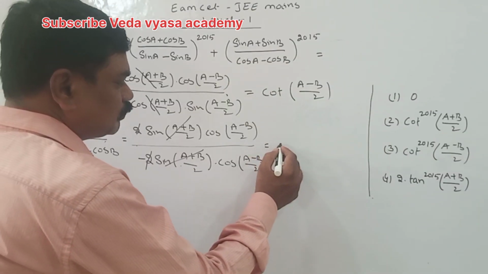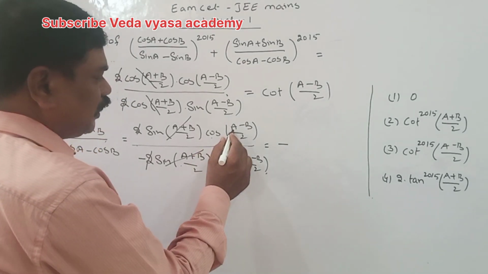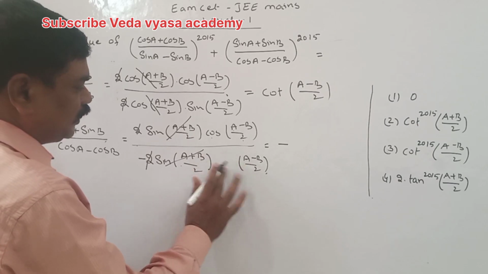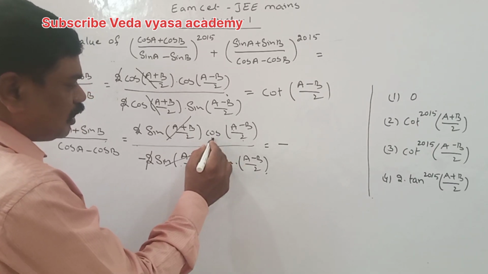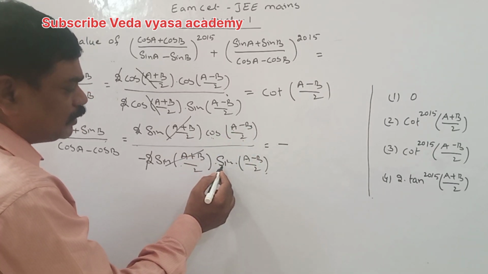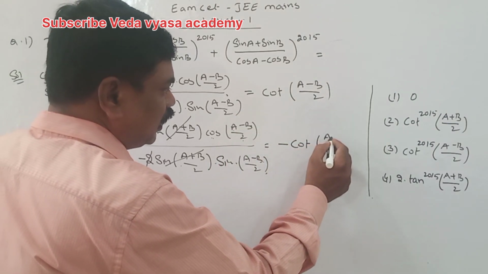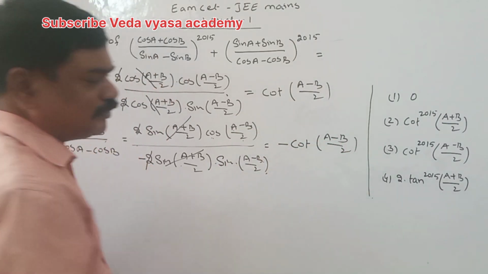We have minus cos of (A-B)/2 by sin of (A-B)/2. This is minus cot of (A-B)/2.